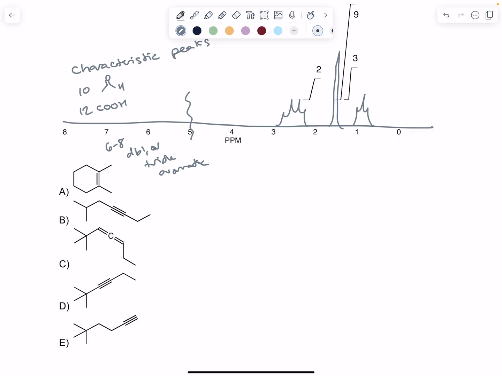Below 5, things are a little bit dicier. A lot of what we call aliphatic, or just plain carbon chains, are going to end up in the 1 to 5 region, depending on what they're next to.